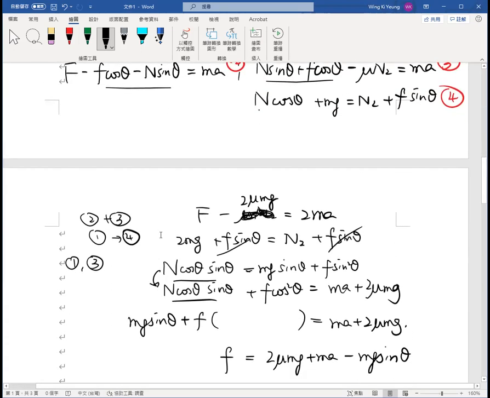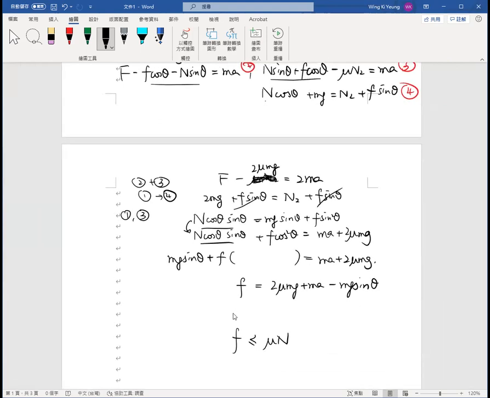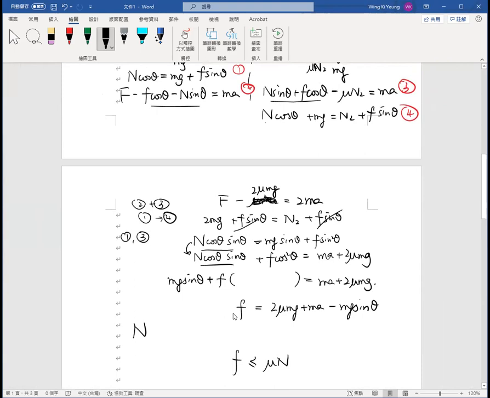So let me do it faster. f sine theta, so that means 2 mu mg sine theta plus ma sine theta.